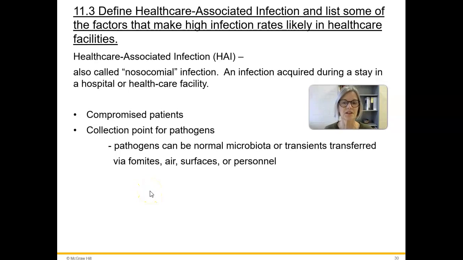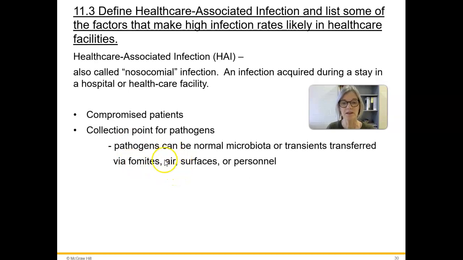Also, the healthcare facility might be a collection point for pathogens. Now, these pathogens might have come in with the patient themselves, so they might be their normal microbiota. But the other thing that happens is there's all sorts of different objects and surfaces, etc., that transients can also be transferred to these compromised patients. So remember we talked about the concept of fomites, and there's lots of fomites in a healthcare setting.